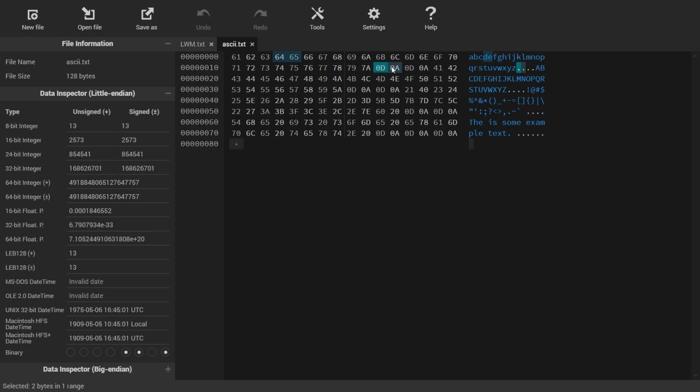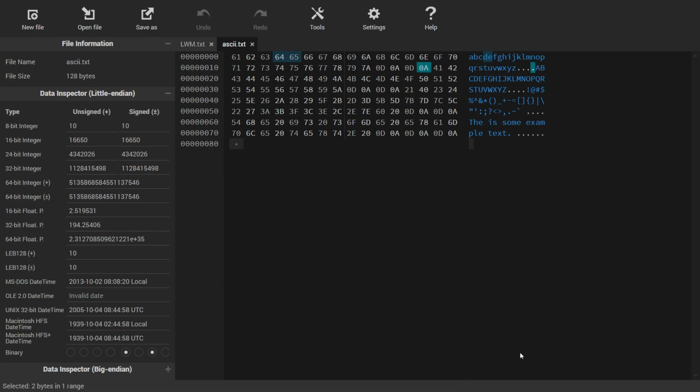And then you'll see 0D, 0A, 0D, 0A. That's where a new line is happening. So we have a carriage return, 0D, and a line feed, 0A. We have 2 of those, and that gets us a new line. So 0D, 0A is going to a new line, 0D, 0A is going to a new line. So these are separated out by an extra line.